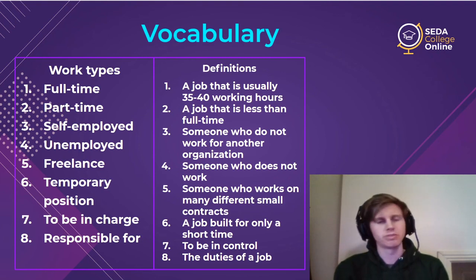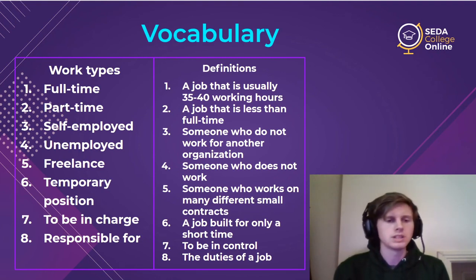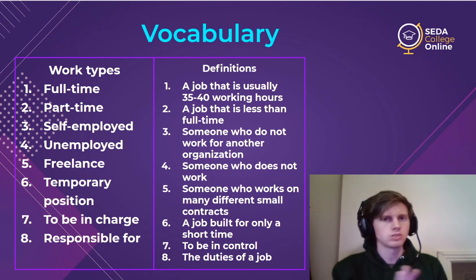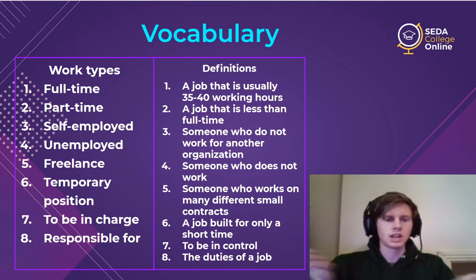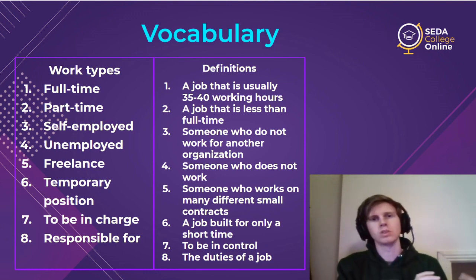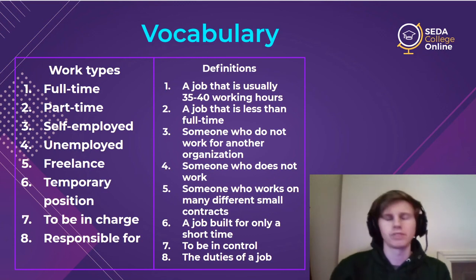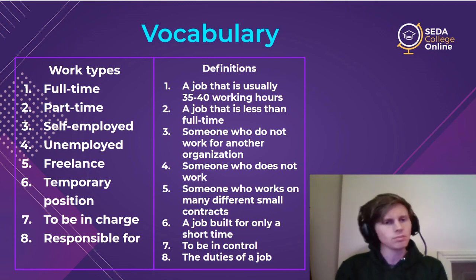You are responsible for recording information and writing documents. But normally you're not in charge. These are just what you must do every day. So that's kind of a difference. To be in charge is to have control, whereas responsible for just means I must do this every day for my job. But there we go.